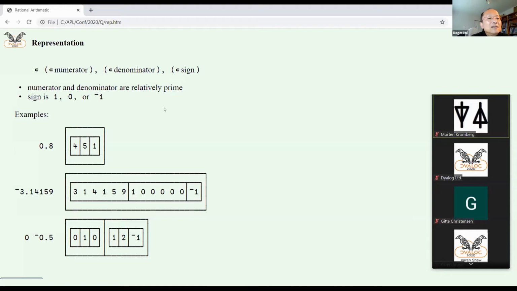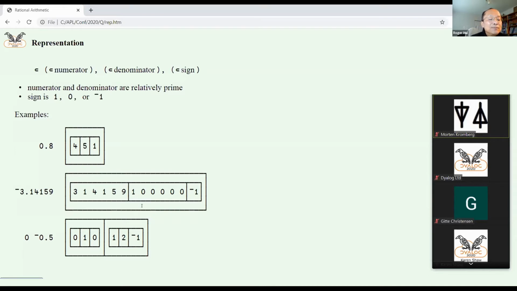So you would enclose the decimal digits of the numerator, and then the decimal digits of the denominator, and then the sign. And the numerator and denominator are relatively prime. With this representation, 2 rational numbers are equal or matching if and only if their representations match.